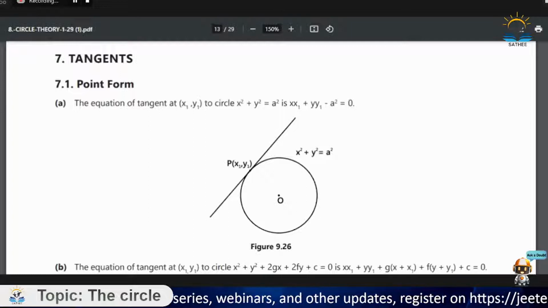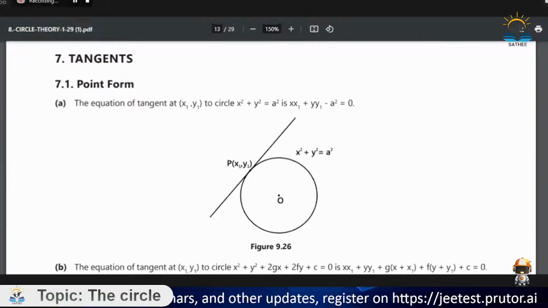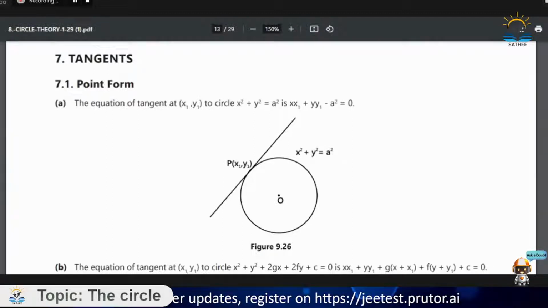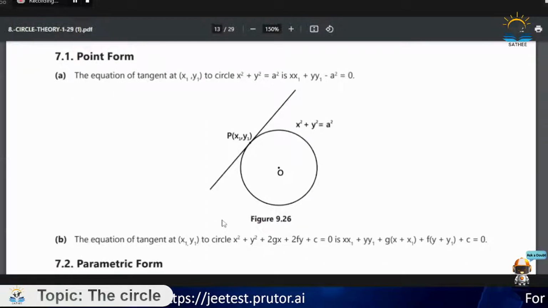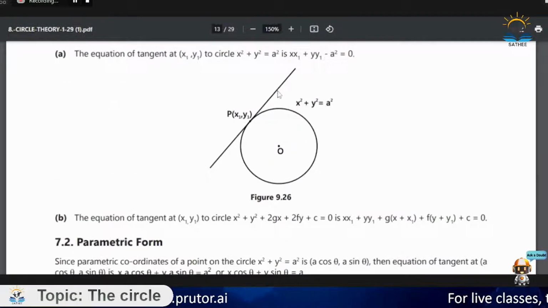And if we know the slope of the radius, we know that slope of radius times slope of tangent is equal to −1. So we will also know the slope of the tangent. Now if we know the slope of the tangent, then we will be easily able to write the equation of this tangent. So basically this is the only thing being done here.